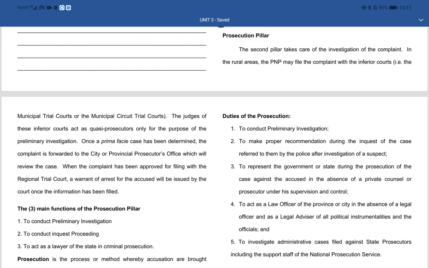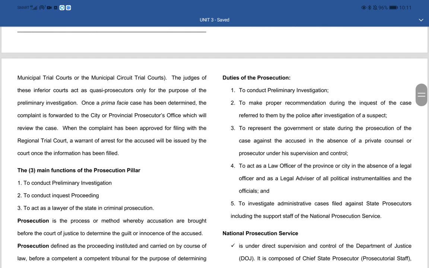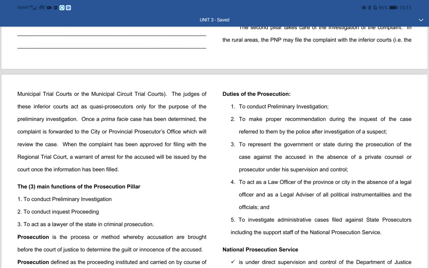We have here the three main functions of the prosecution pillar. What are those? To conduct preliminary investigation, to conduct inquest proceedings, and to act as the lawyer of the state in criminal prosecution. As you can see in a court, we have the prosecution and the defendant. So there are two groups, the prosecution and the defendant.